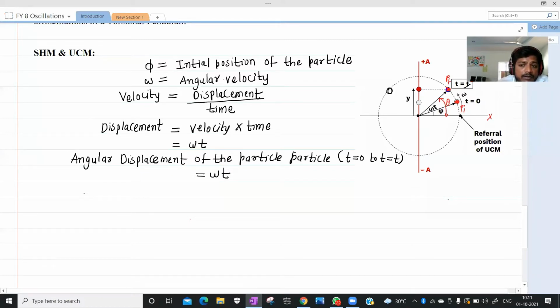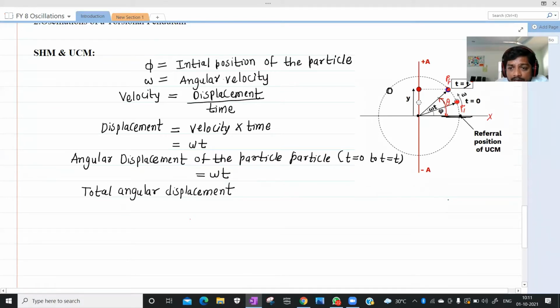If you want the total angular displacement, which is measured from the x-axis to the final position of the particle, this is the x-axis and this is the final position.